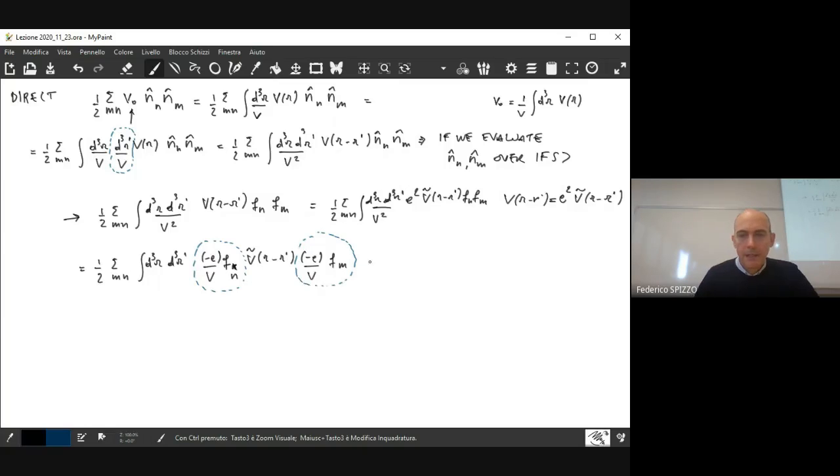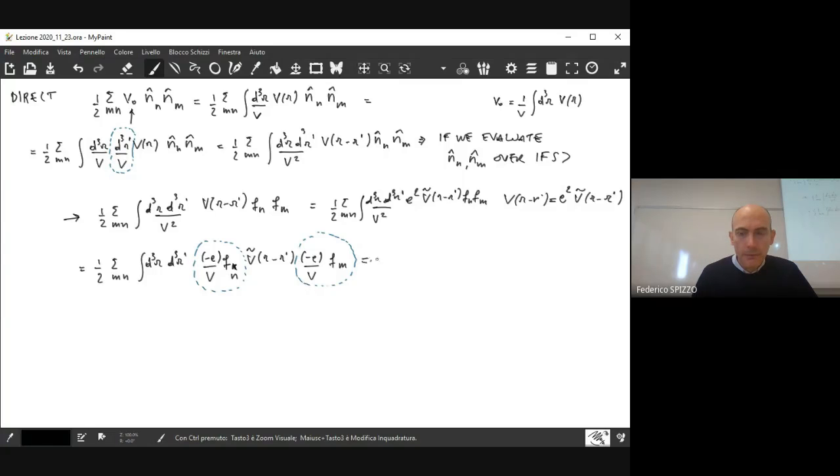Here, what we have is minus, if we consider the electrons to be represented by plane waves, the charge density corresponding to one electron is uniform over the volume. So minus e divided by volume is just, let's say, the charge density corresponding to level, in this case, n. And here we have the charge density uniform over the volume, m.